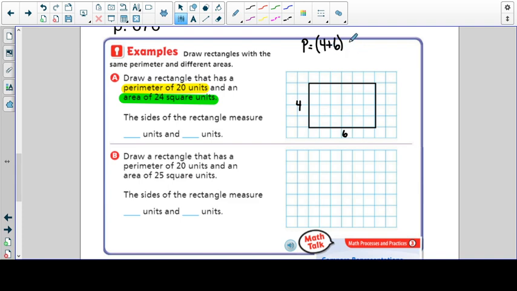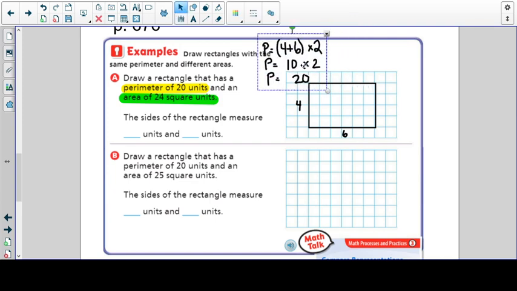So 4 plus 6, and we're going to multiply that by 2. So our perimeter ends up being 10 times 2, which ends up being 20. Alright, so we're good on the perimeter.